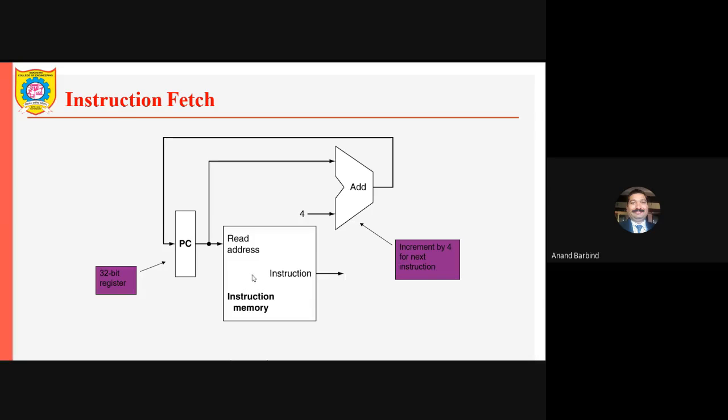So like this, one by one, instructions are read from the instruction memory. This is how the program is executed. Executing the program is nothing but fetching the instructions. Fetching the instruction is nothing but giving the address of the instruction to the instruction memory, and the memory will send out that particular instruction on its output, and that is received by the remaining part of your processor, and this process is called instruction fetch.